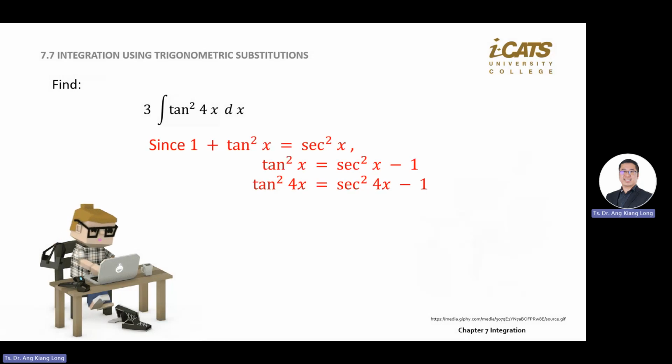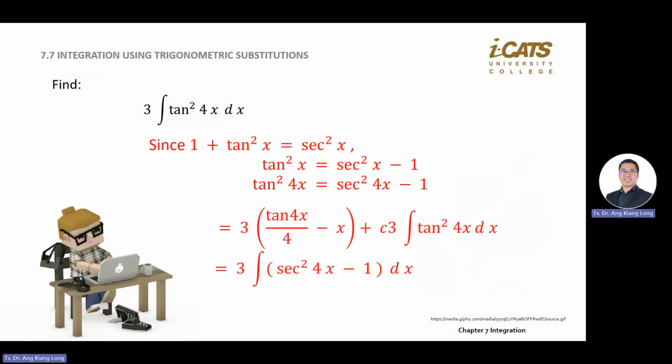This is from the trigonometric identity. Then you convert. So we know that tan 4x equals sec 4x, then straight away you continue with this one.